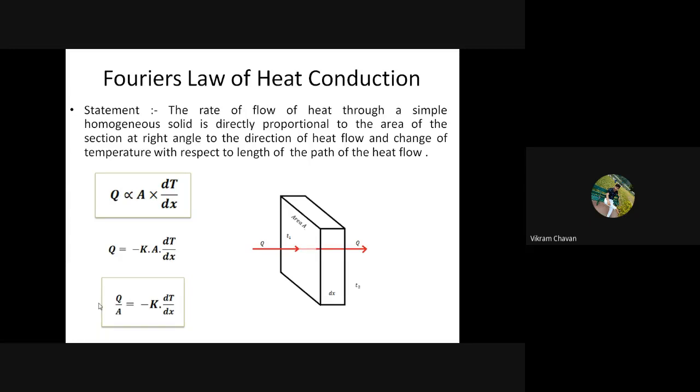Finally we have to shift this capital A to this side. So we get the equation Q divided by A equal to minus K multiplied by dt divided by dx.